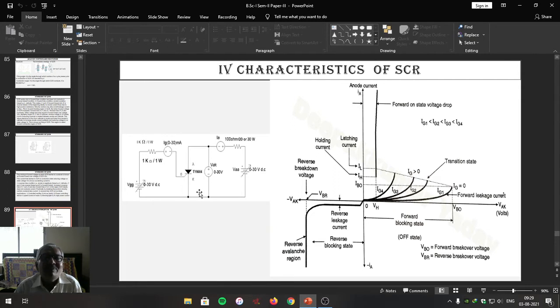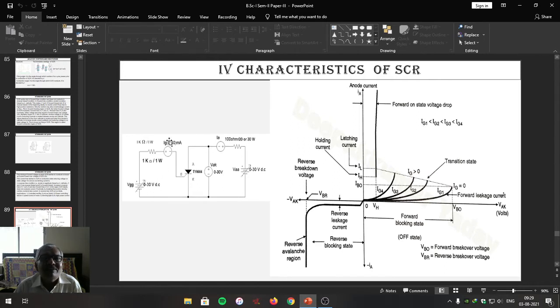But to study its controlled characteristics, we are going to make use of the gate also. Gate is connected to the positive terminal of the battery VGG, whereas the negative terminal is grounded. Gate is a region very close to the cathode. It is P-type. It is also forward biased here.